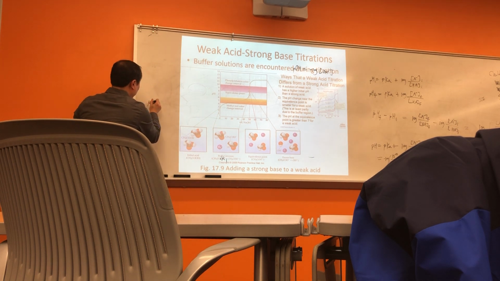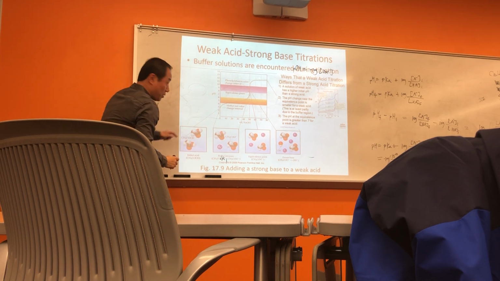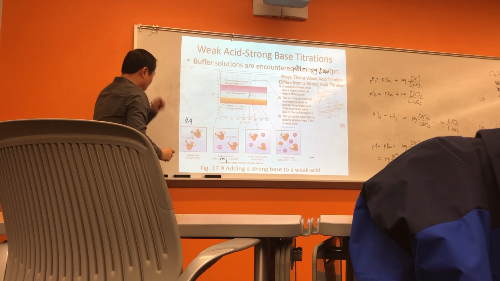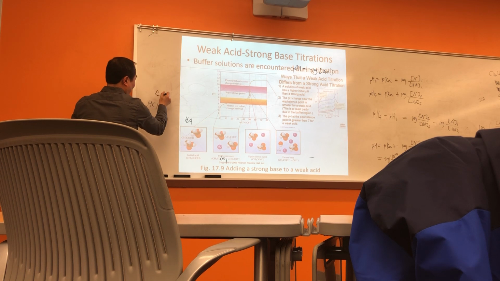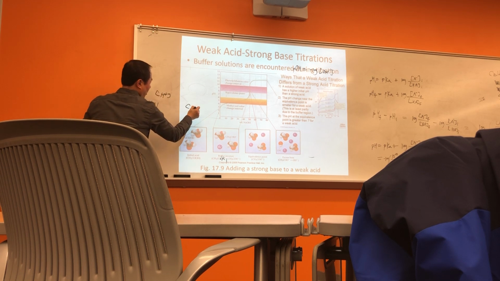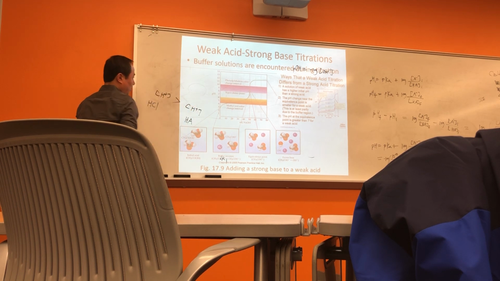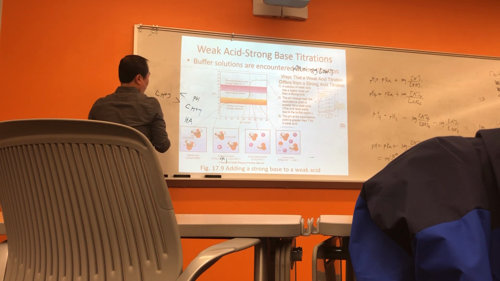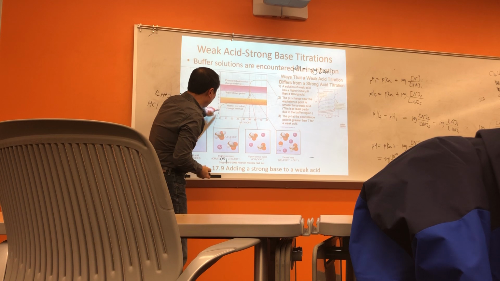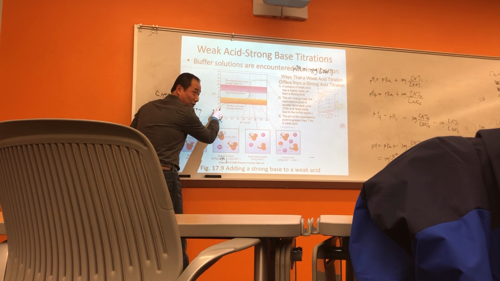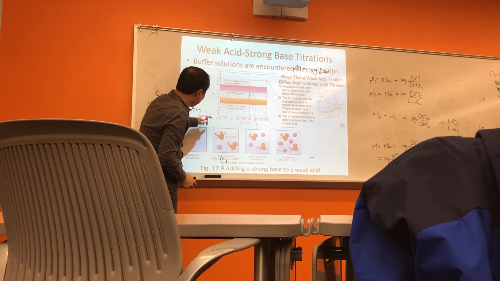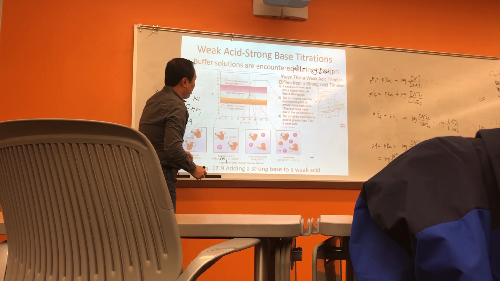Instead of HCl from the previous slide, this is a weak acid, acetic acid. Because of that, the concentration of H plus will be a lot less. Because it's a lot less, pH will be higher. So that's why the initial point here on the graph is higher than 1, right? Because it produces less hydrogen ion, the starting point will be higher.